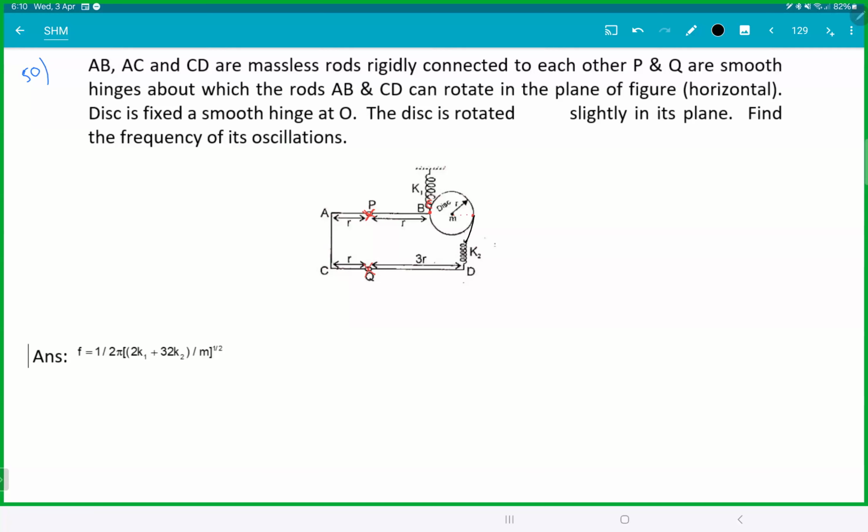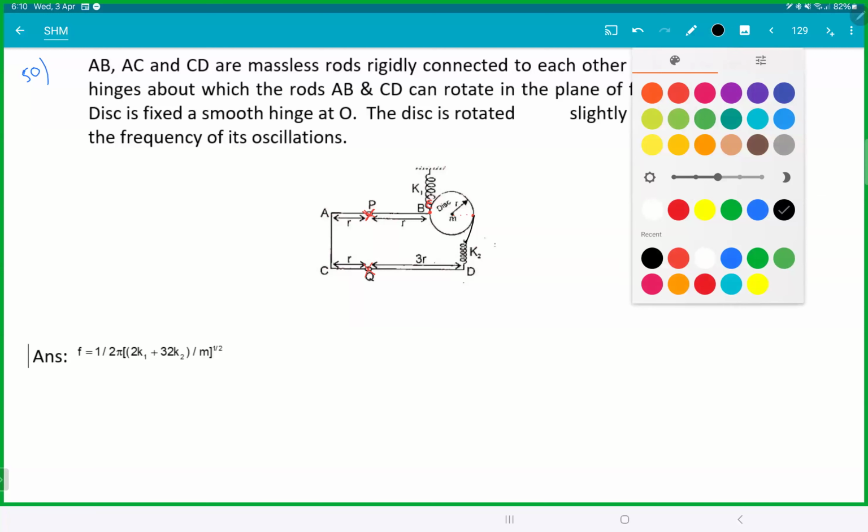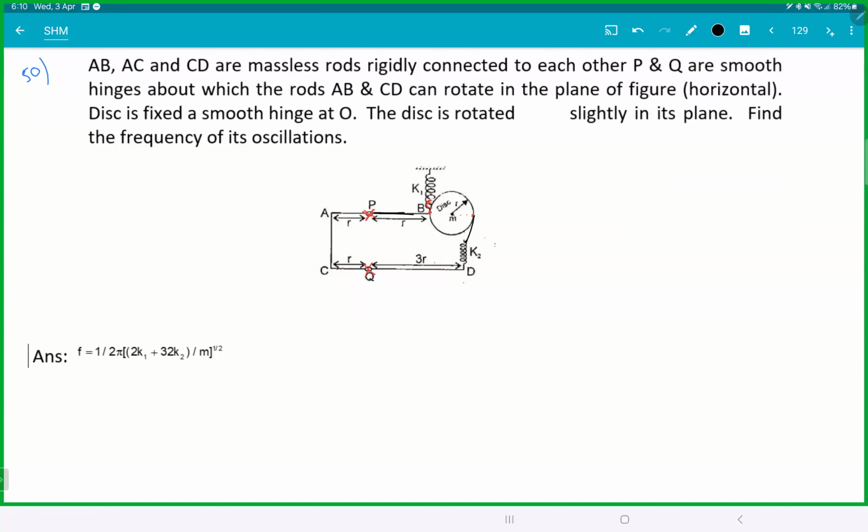It is connected here. So we have a rod here. This is a rod.